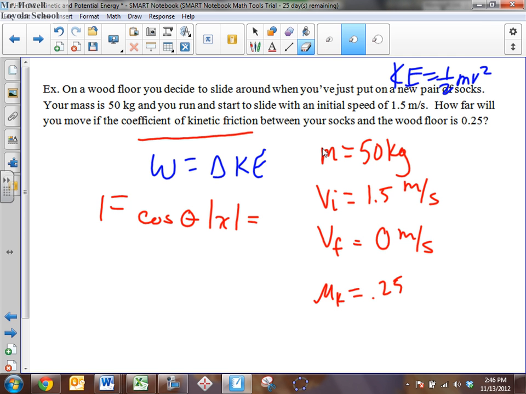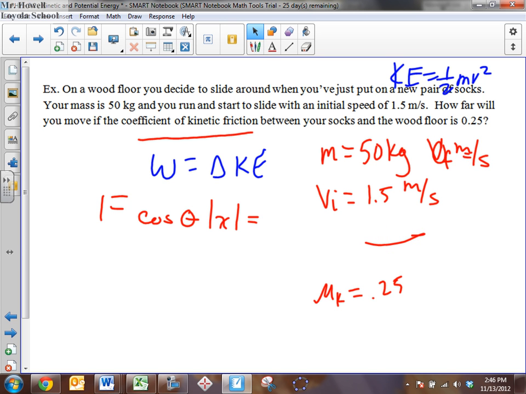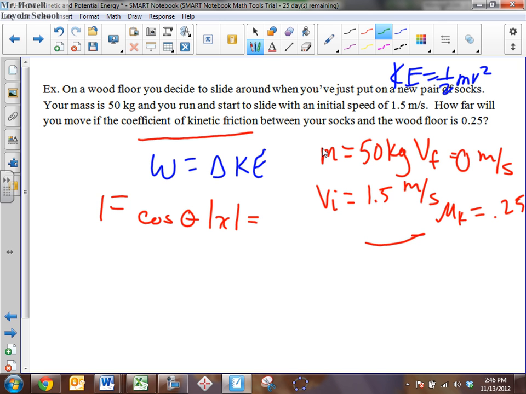So I'm going to move these over real quick. We're going to set this equal to KEF minus KEI. That's what you're always going to start with: final minus initial kinetic energies.